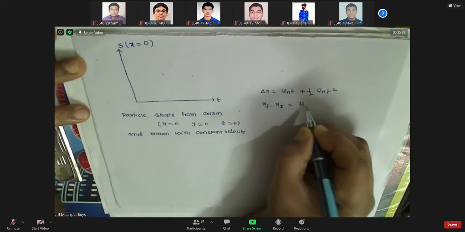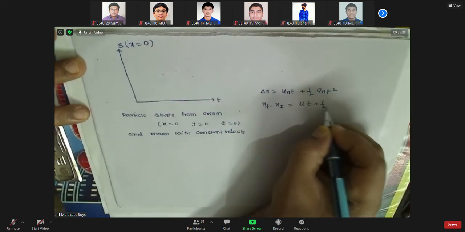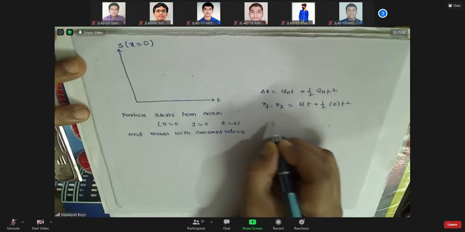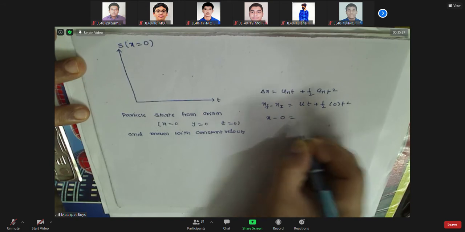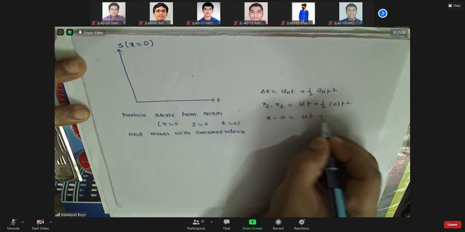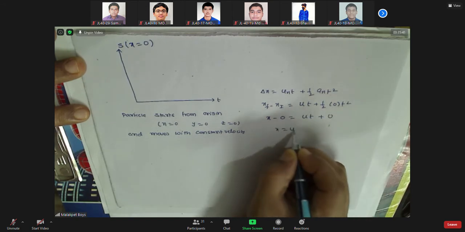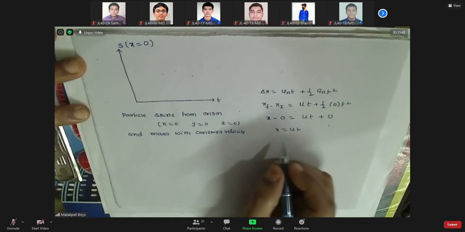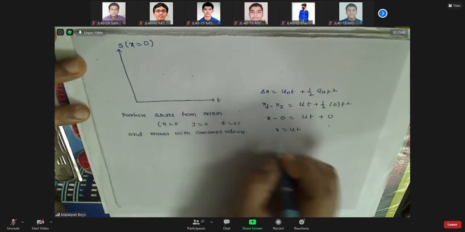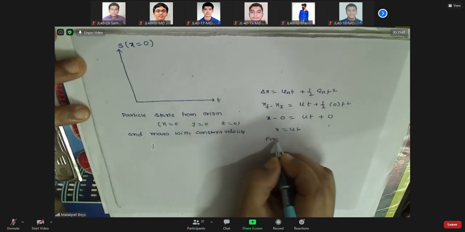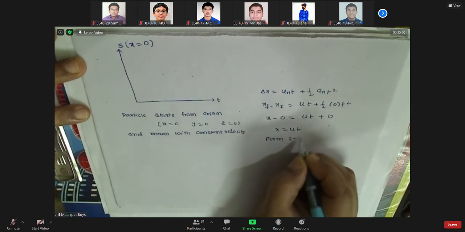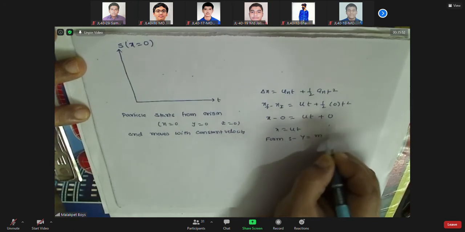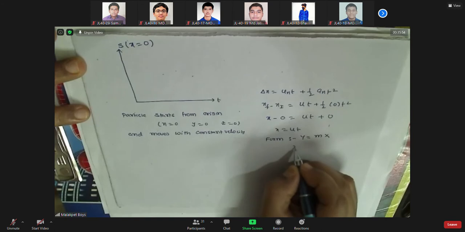There is no acceleration, so it is ut. Finally x final, initially 0, ut. That means x is equal to ut. It is nothing but a straight line only, no? What is the form of this? y equals mx. m is the slope, no?